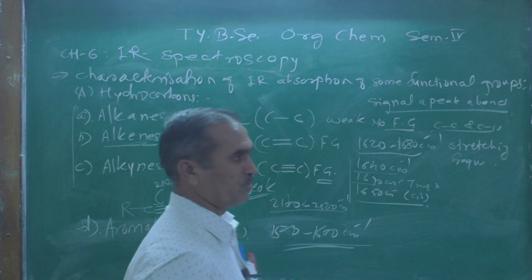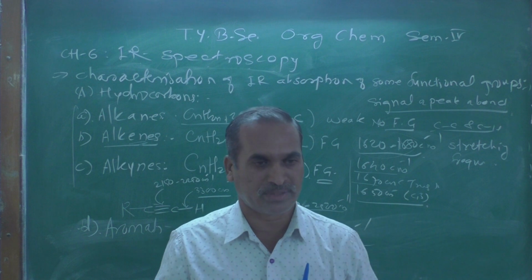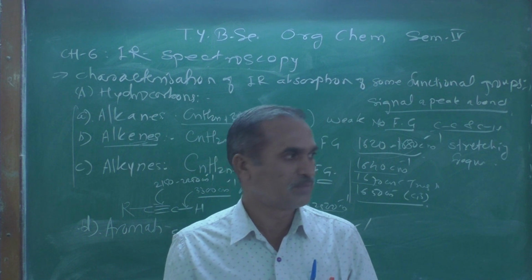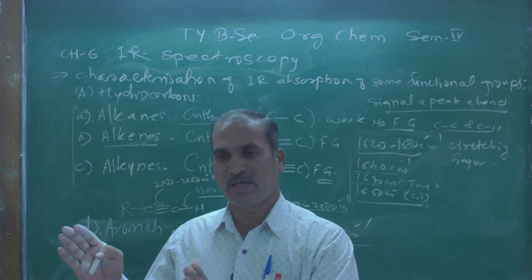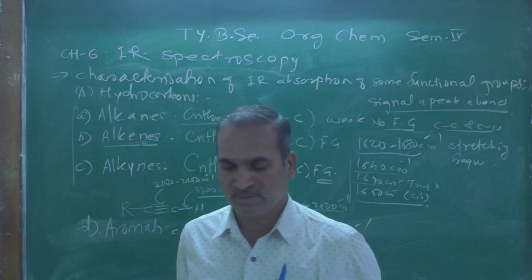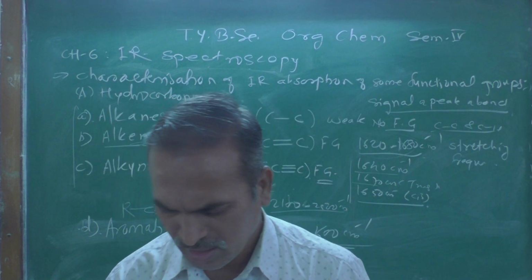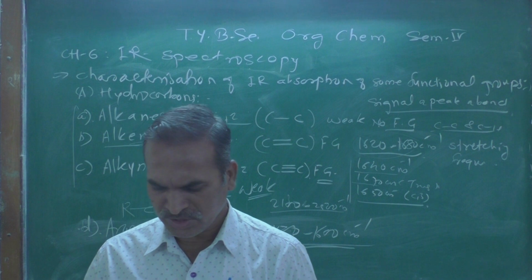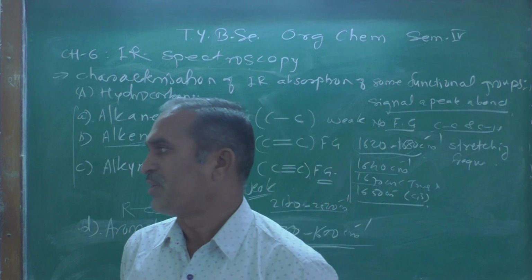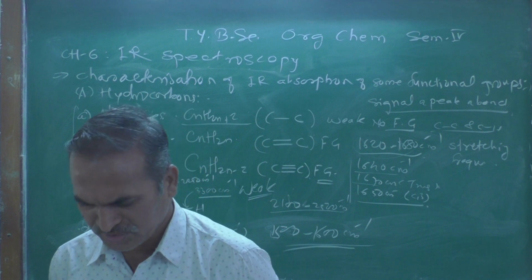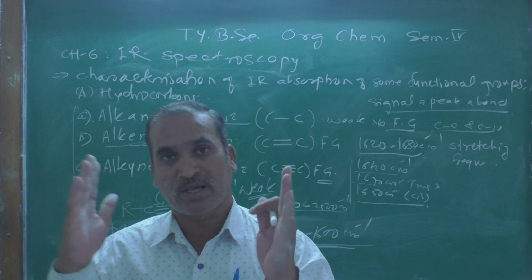This is a very important, prominent peak observed due to the presence of the aromatic carbon-carbon double bond. So the carbon-carbon double bond stretching frequency in the range 1500 to 1600 per centimeter is characteristic of aromatic compounds.